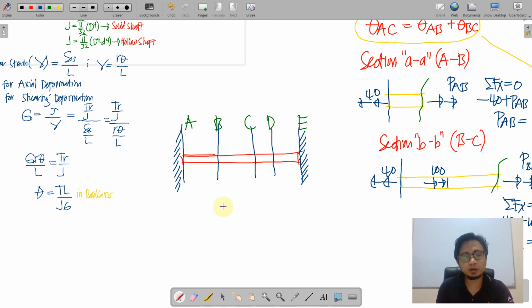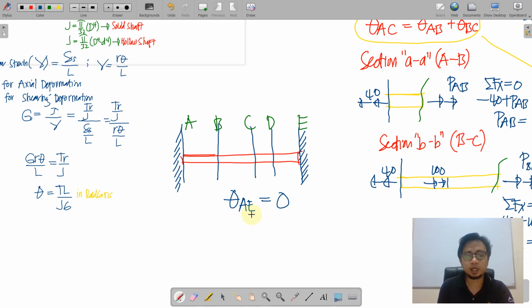So the meaning of this is that both ends will have no rotation because it is being restrained, or it is rigidly fastened on A and E. Therefore, theta A to E is equal to 0. So this will be our working equation for the angle of twist from A to E.